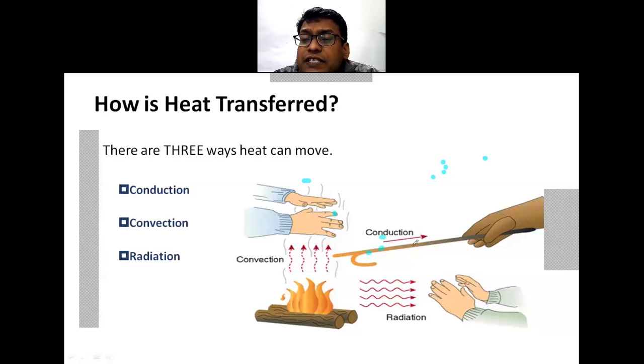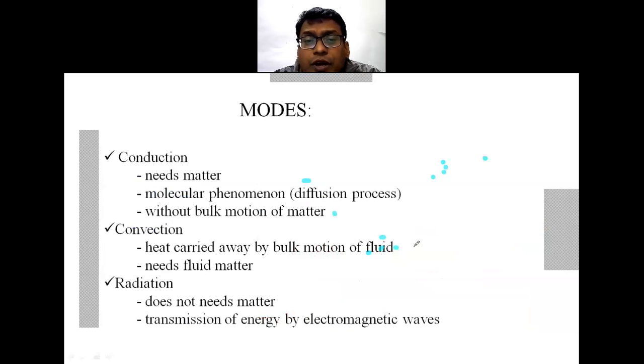You require a physical object, a physical glass rod, a physical metal rod, that is what is required. And there is a molecular phenomenon, meaning inside this matter the molecules move, they vibrate, and as a result they transfer the heat energy.